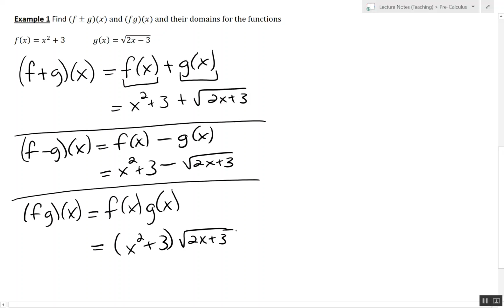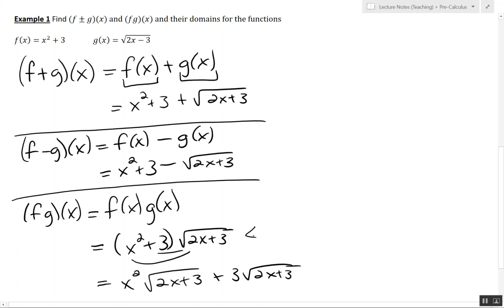And this is a perfectly fine form to leave it in, probably actually a little better than what I'm going to do, but you technically distribute the square root of 2x plus 3 to both terms here, and get x squared times the square root of 2x plus 3 plus 3 times the square root of 2x plus 3. But the first is really the nicer, simpler form, so I would have probably left it in that, but technically you can multiply it out and get this instead.